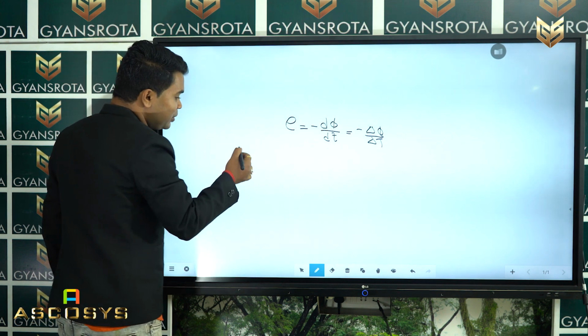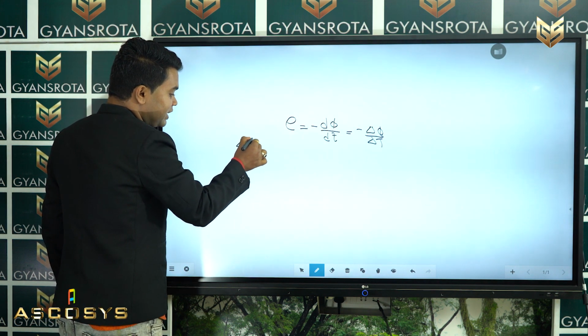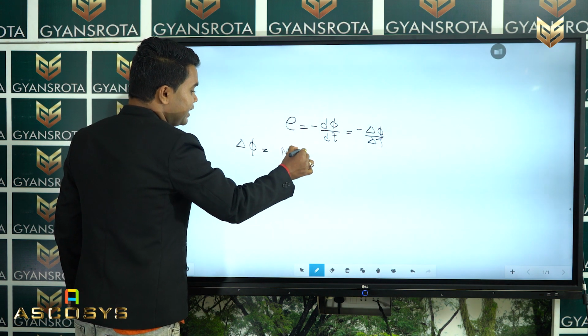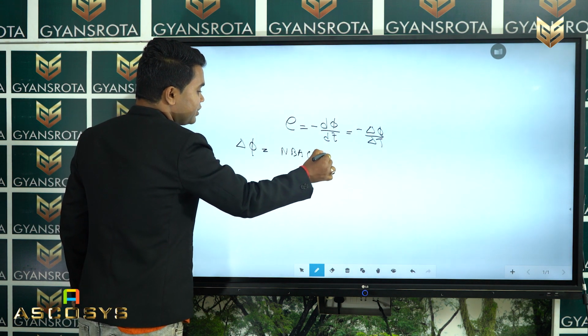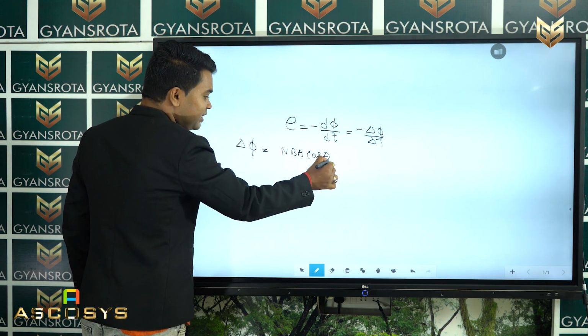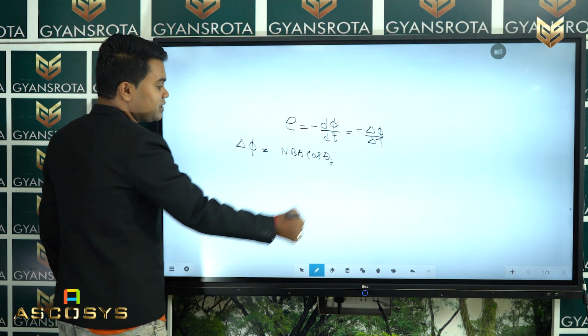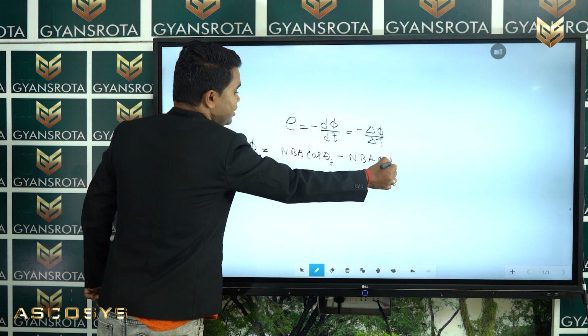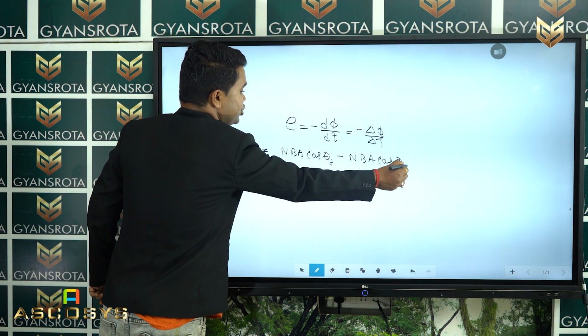Now, how do you calculate the change in flux? That is Δφ. The flux formula is NBA cos θ final minus NBA cos θ initial.